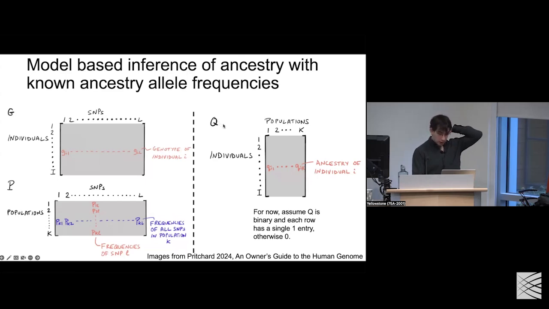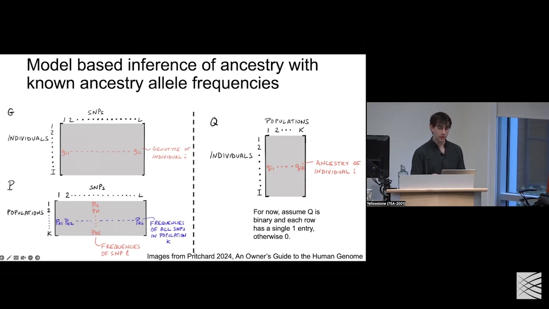And so the Q object we can think of as our ancestry proportion matrix. And so each entry in Q tells us what the proportion of ancestry from population K is in individual I. So if Q11 is 1, then we're saying that individual 1's ancestry is all from population 1.